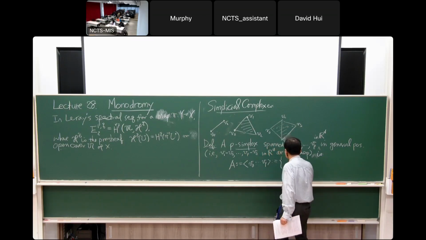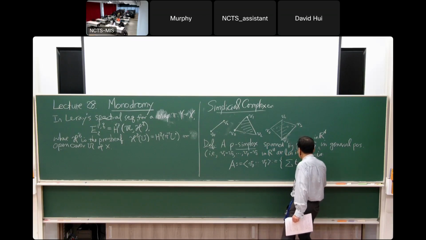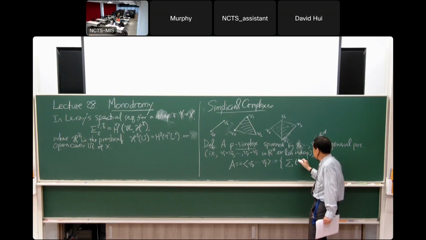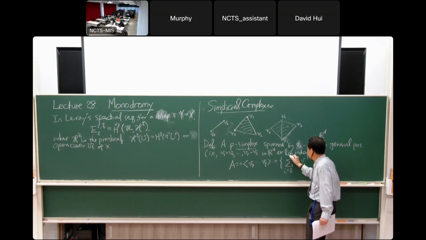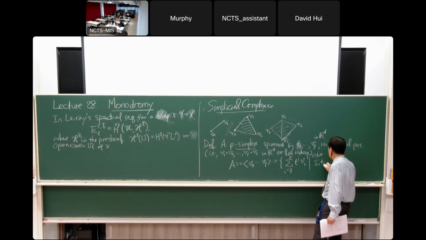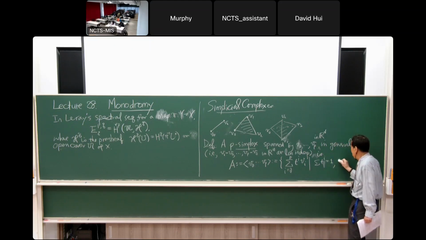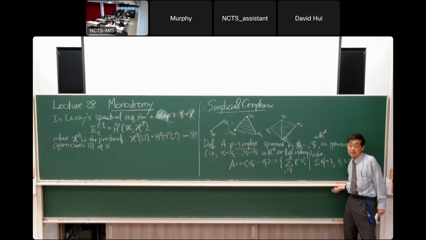And that is the set of all convex linear combinations, that means the sum of t_i v_i, i goes from 0 to p, such that the sum of t_i is 1 and the t_i are all greater than or equal to 0. Okay, so that's a simplex.